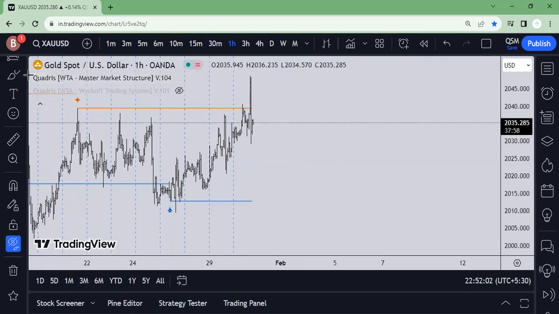But the thing behind this is, for a long time I was trying to collaborate price with volume, which is the essence of Wyckoff.